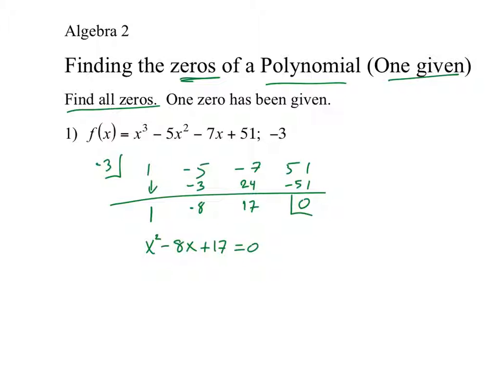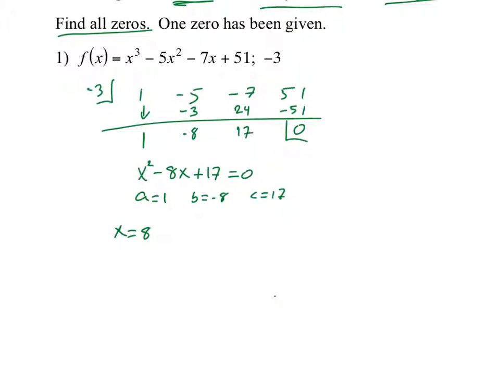That's not possible, so we're going to use the quadratic formula. So a equals 1, b equals negative 8, c equals 17. So x equals the opposite of b, plus or minus the square root of b squared minus 4 times a times c, divided by 2 times a.